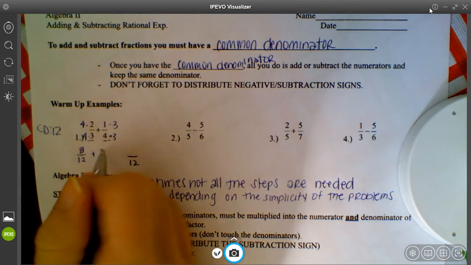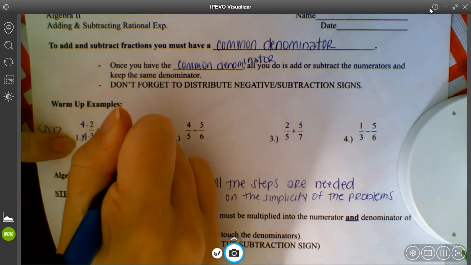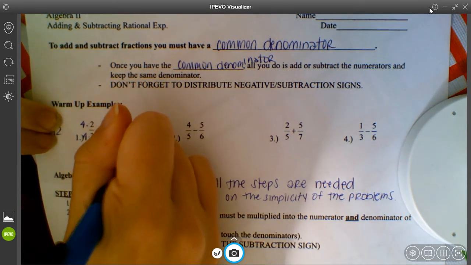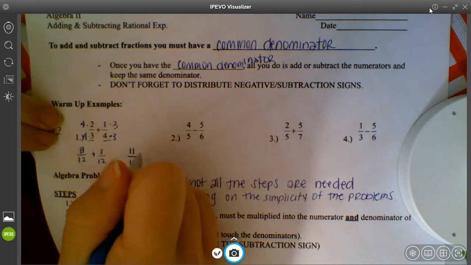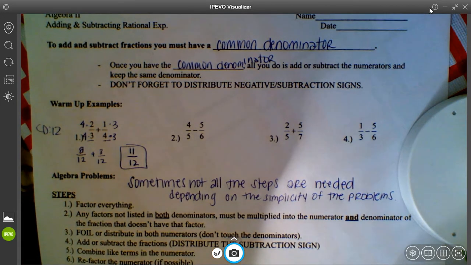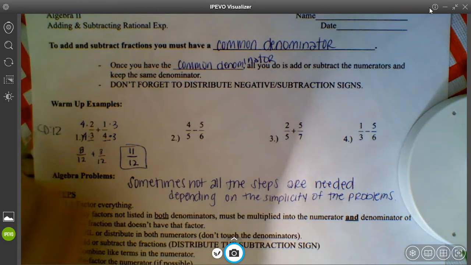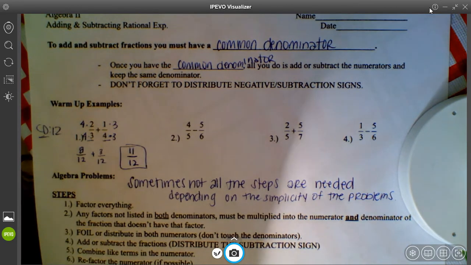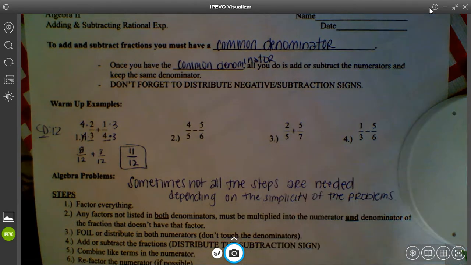And then I add the numerator. So 8 plus 3, 8, 9, 10, 11. And then I see if I can simplify from there, but I can't, so I'm done. So it's really nice here just to list that common denominator here. So as we get difficult, we can see what the common denominator is more and more.